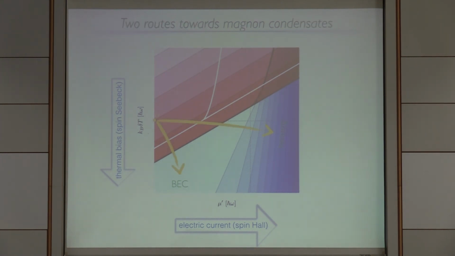So sparing you the details, let me just say that there are two experimental reports that we believe probed this phase diagram along the BEC trajectory, essentially sending primarily heat current through the system, as well as along what we call the lasing trajectory, applying mostly spin Hall torque to the system.